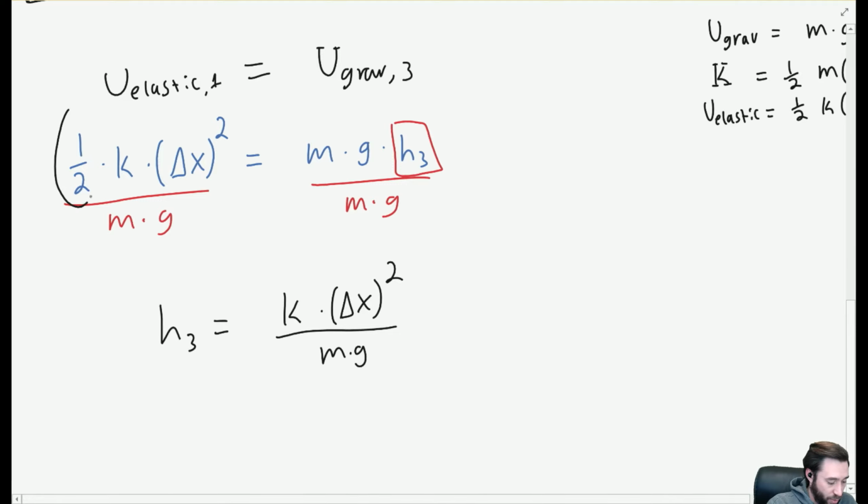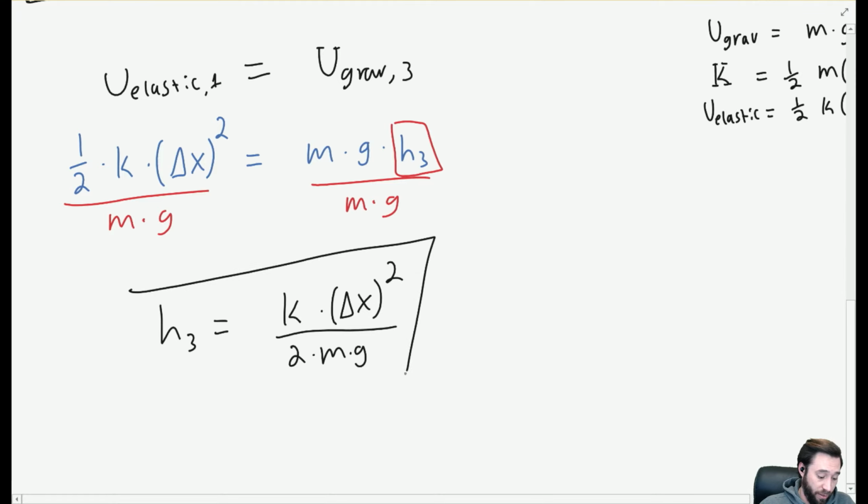And because this is a 1/2 in the numerator, that would be the same thing as just putting the 2 down there and then the 1 up here. Does that make sense? If it doesn't, it's fine. I'm not here to grade you on algebra. This is the final equation to solve for H3.